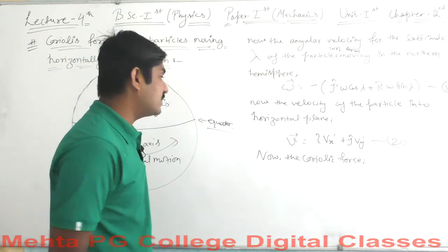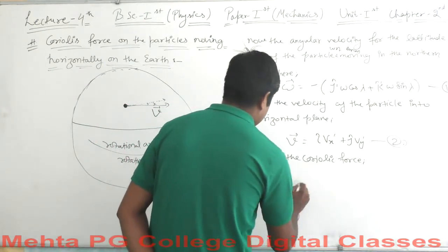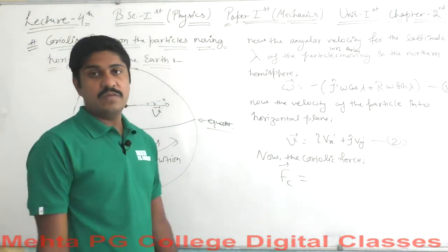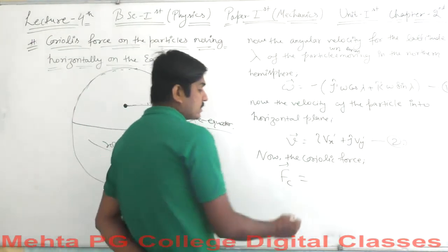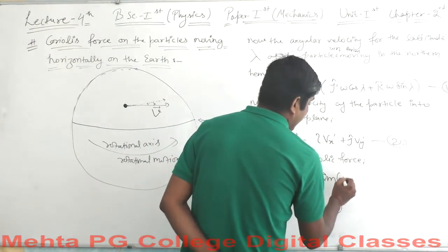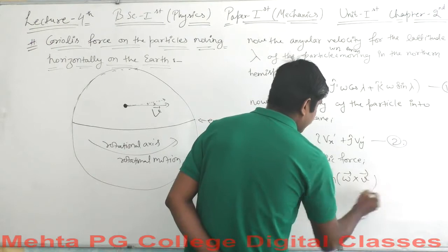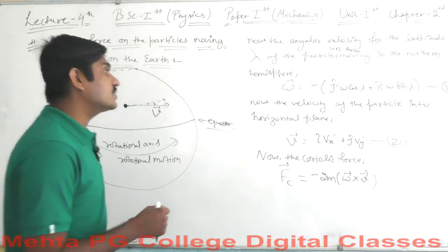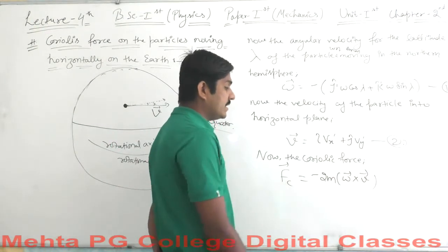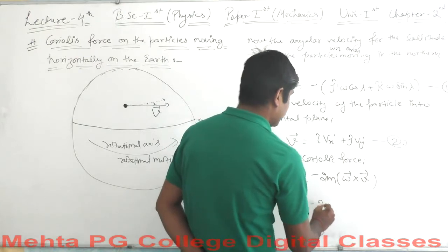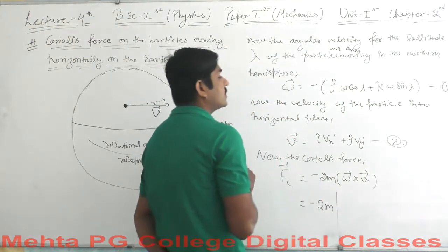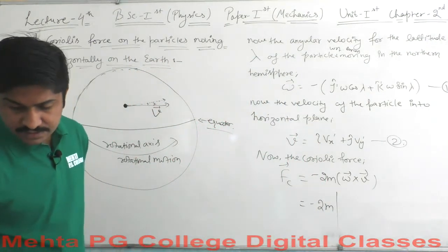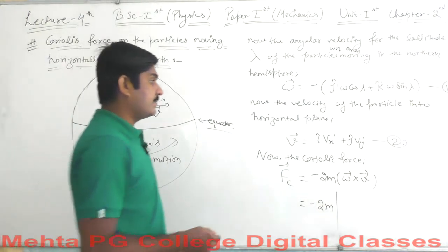Let's say the Coriolis force, Fc, is a vector quantity, because the Coriolis force always acts in a direction, and that equals minus 2m omega cross v. So this is the Coriolis force. Now we use the value of omega and the value of v and put them in. Minus 2m, we will go through a determinant with i dash cap, j dash cap and k dash cap.